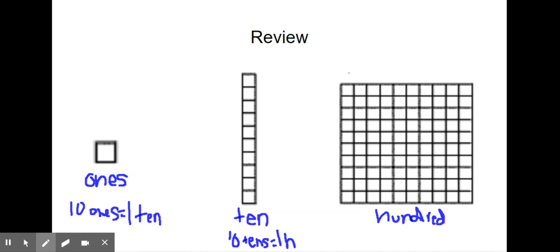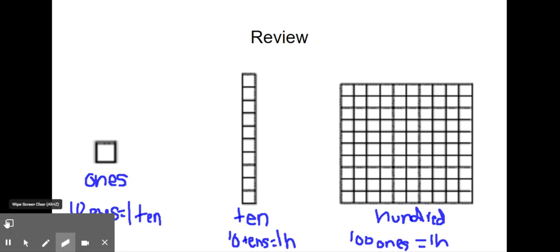I'm going to count by tens. So 10, 20, 30, 40, 50, 60, 70, 80, 90, 100. So 100 ones also equals 100. Okay, so that was our review.